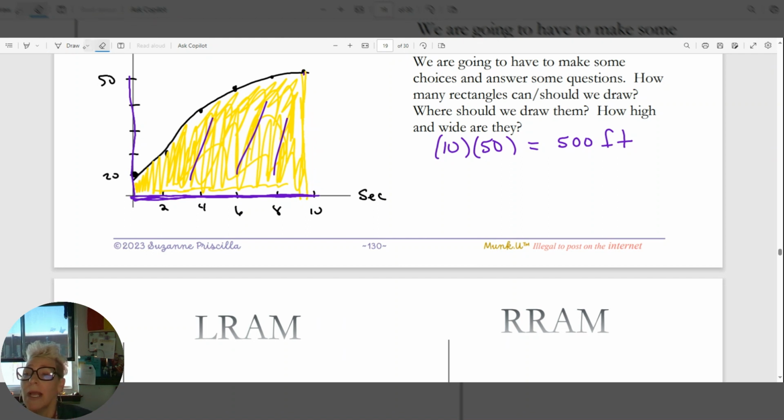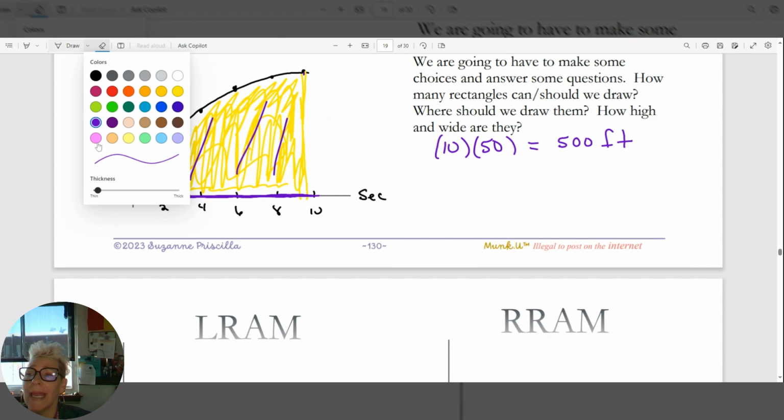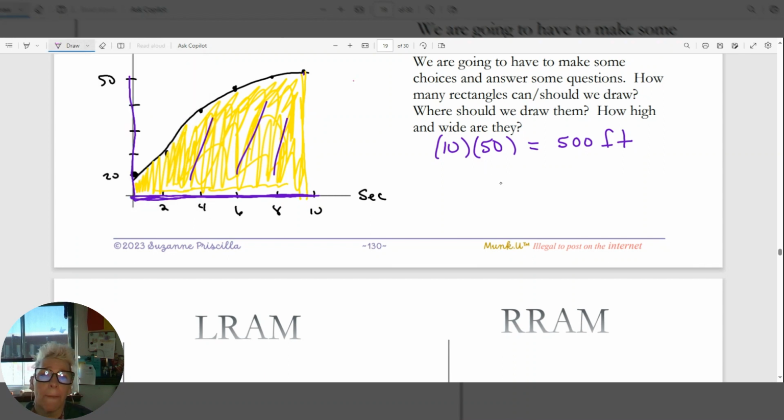All right, let's try this problem again. Let me use pink this time. But instead of making my rectangle as high as 50, let's use the other side here. Let's say my base is 10, but this time let's use that 20. And let's call that our rectangle.